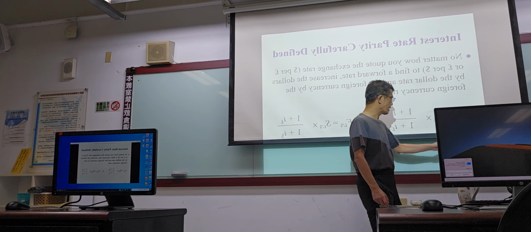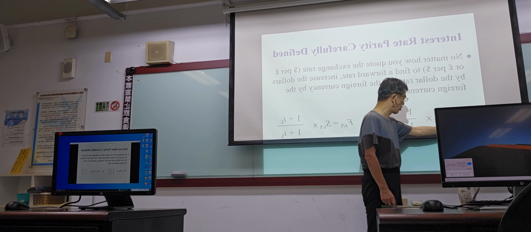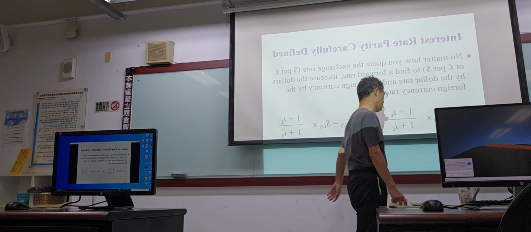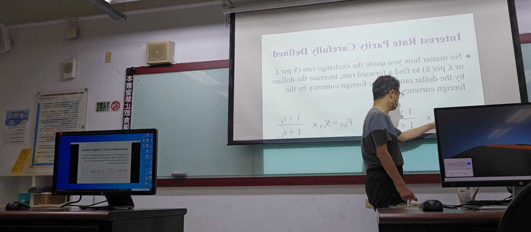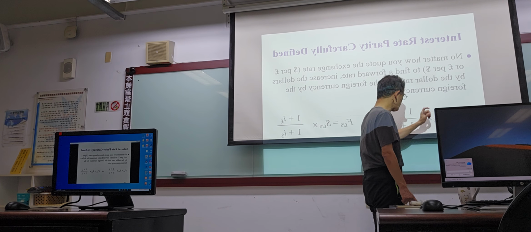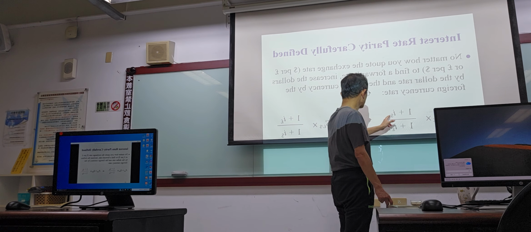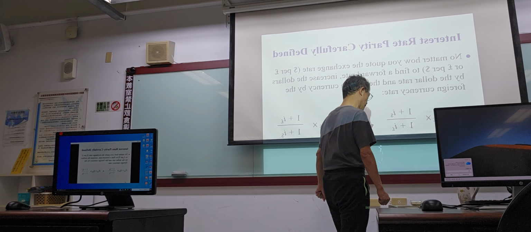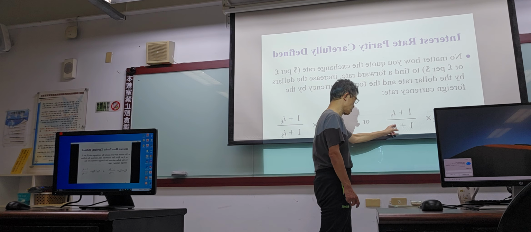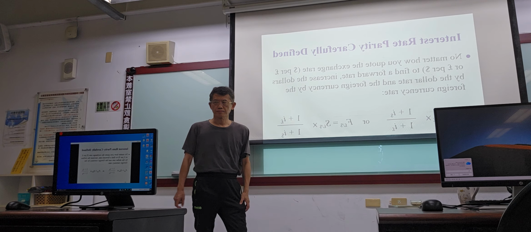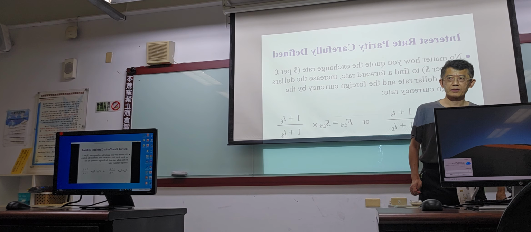Here we want to determine the British pound forward price in terms of US dollar, which equals the spot price for the British pound times 1 plus the US dollar interest rate, divided by 1 plus the British pound interest rate. That is the simple formula of the IRP.